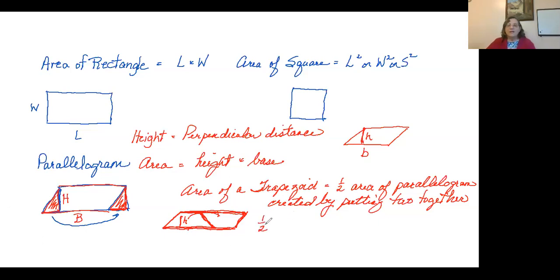So it's 1/2 times the height times these two bases put together. We've got the base, the bottom one times the top one here, the bottom one times the top one here. So the area is 1/2 times the height, the distance between the bases, times the sum of the bases.